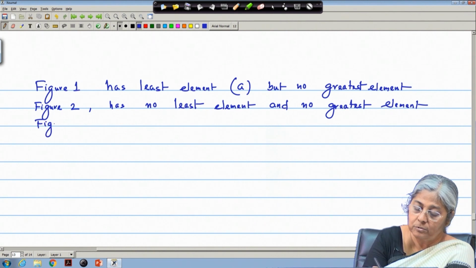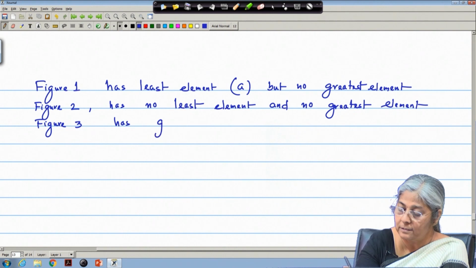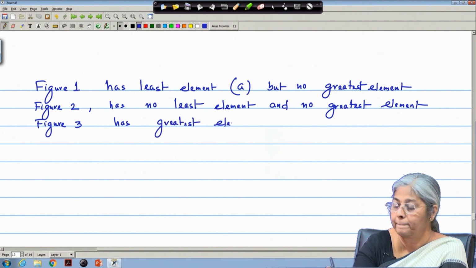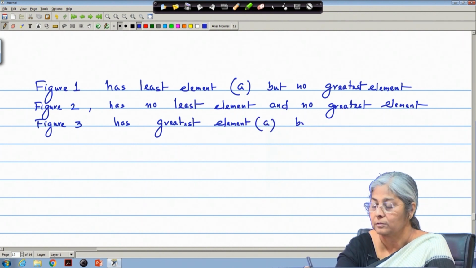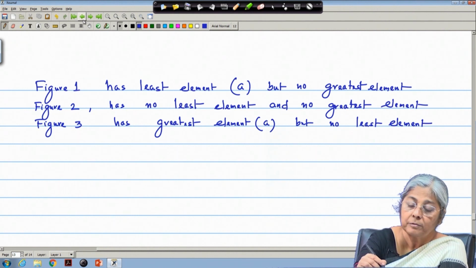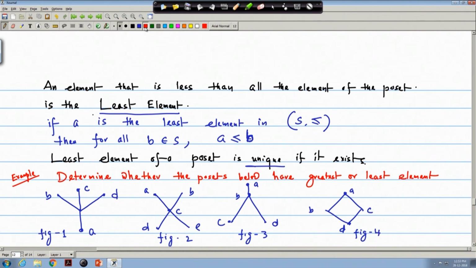Figure 3, just now we have seen, has a greatest element, say, but no least element. We see figure 4. Figure 4 has a greatest element as well as a least element.